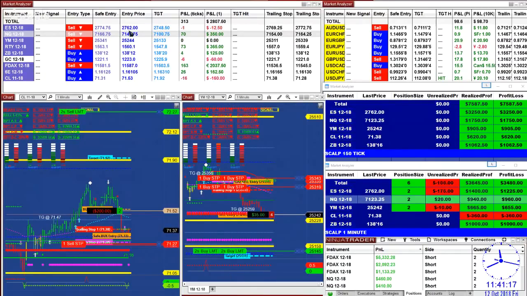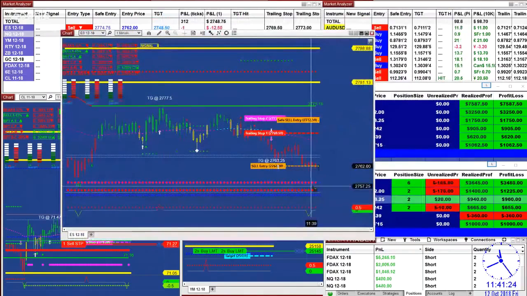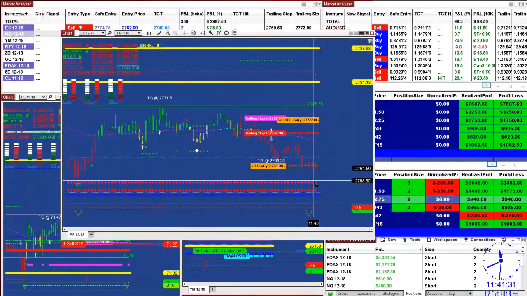For the ones who follow this entry 2762 on the way down, we have a double support line. So today is a Friday. If you don't want to deal with it, you can close at 58.50.